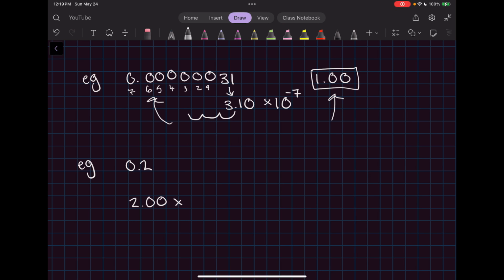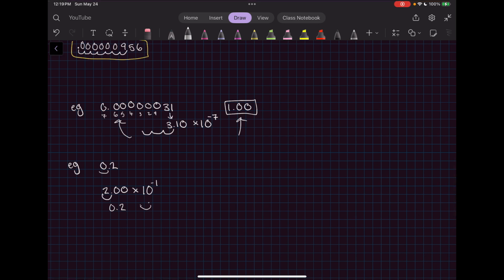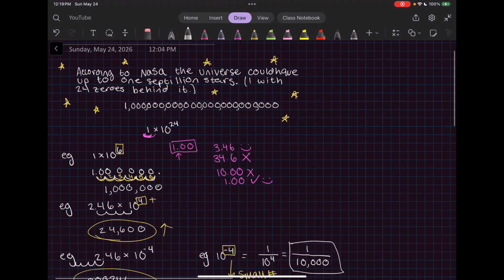So we're going to have a negative exponent. So times 10, and we only have 1 zero, so that's going to be to the negative 1. And then we can check our answer. This is exactly 0.2. All right, so that's scientific notation.